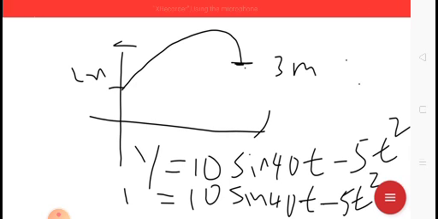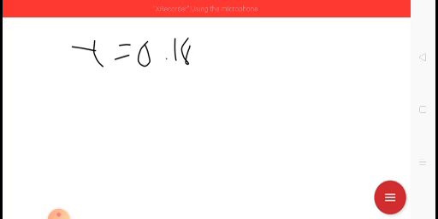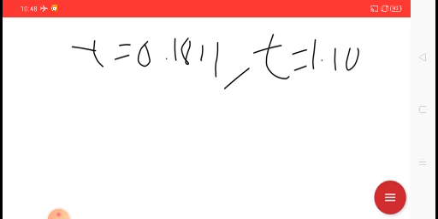Right, and by solving this, you should get the t accordingly when you reach the basketball net. Okay, so you should get t equal to 0.1811. And another one, you will get t equal to 1.104.